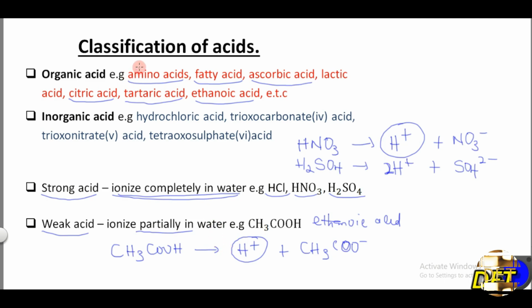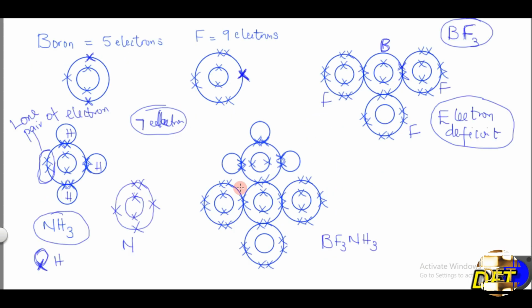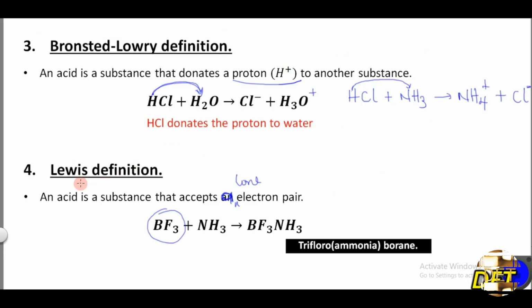So it's very important that you know the different classes of acids: organic acid, inorganic acid, strong acid, weak acid, and know their examples. It is very important. Then also know what Lewis' definition of an acid is. It is a substance that accepts a lone pair of electrons, right? An example of a Lewis acid is boron trifluoride. Then know what Bronsted and Lowry's definition of an acid is.